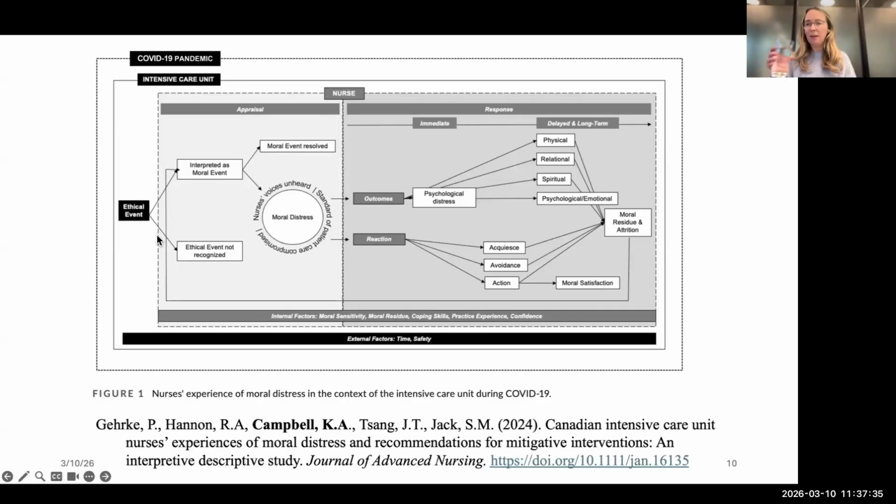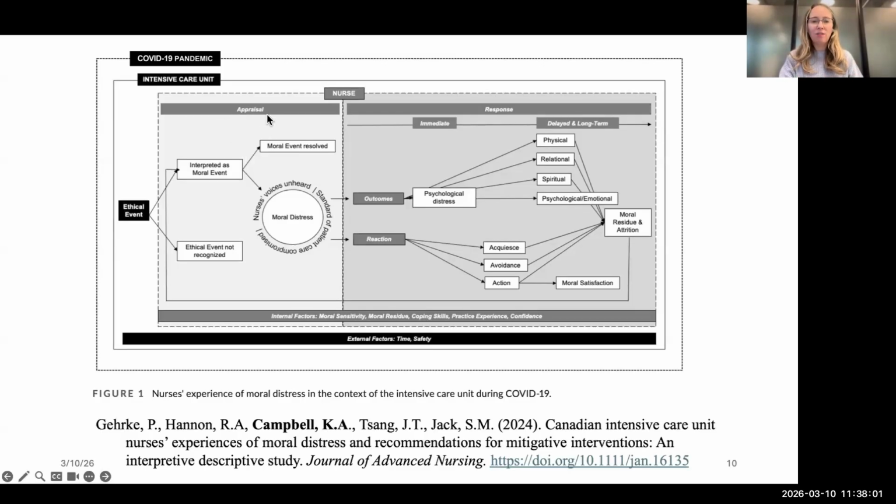There was something that happened, whether that was a directive that somebody who was dying couldn't have a loved one come in to see them for their last breath, or a physician giving an order that wasn't the right thing to do. That ethical event was really the catalyst of what happened.